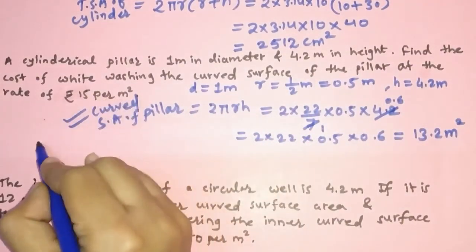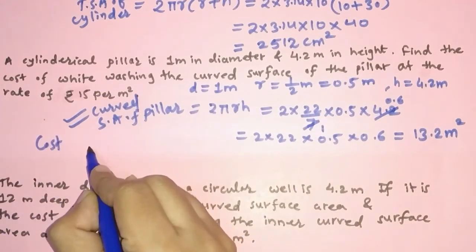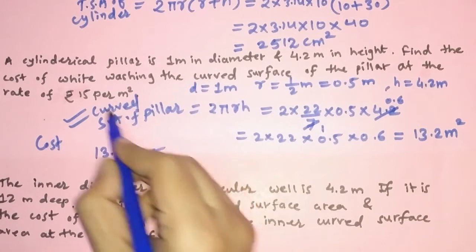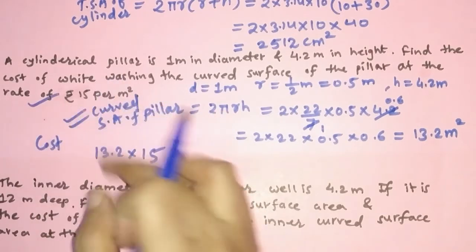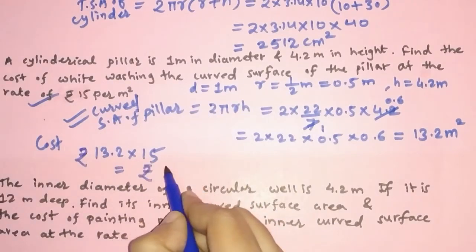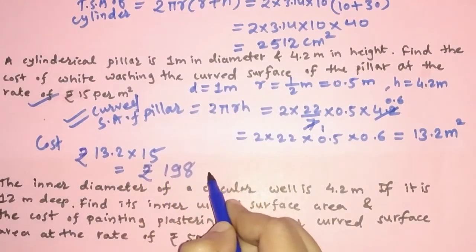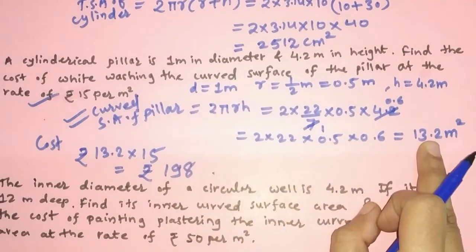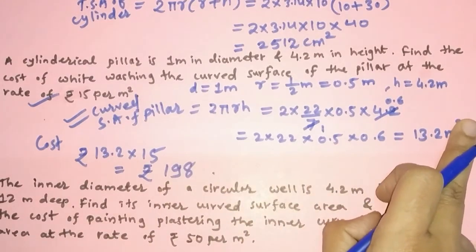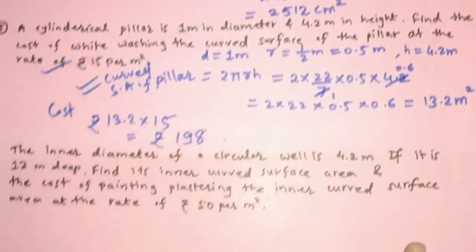So the cost is 13.2 multiplied by 15, because for 1 meter square the cost is rupees 15. So the total cost is going to be 198 for whitewashing this area of 13.2 meters square, just multiplied by 15.